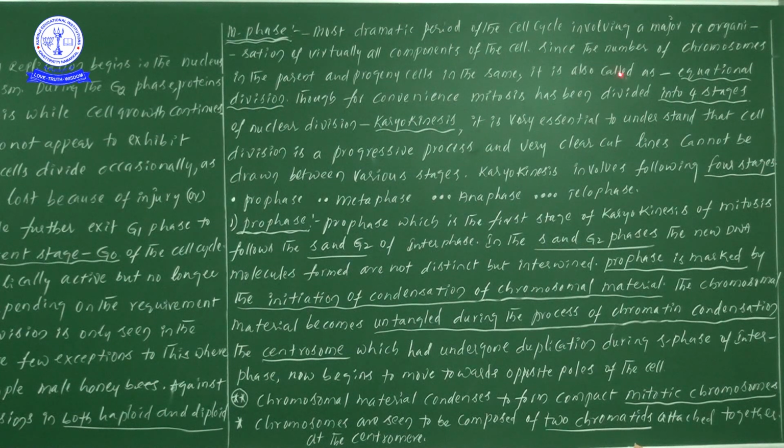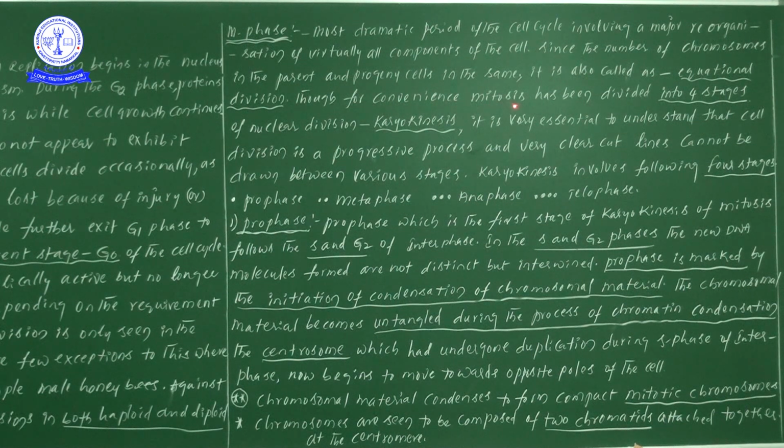That's why this mitotic stage is known by one more name, equational division. M phase is also known as equational division or mitosis.